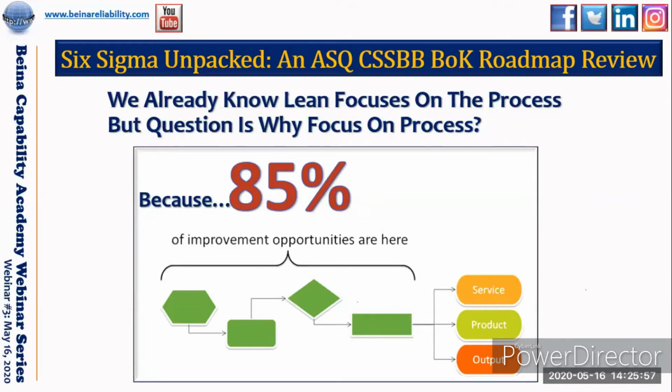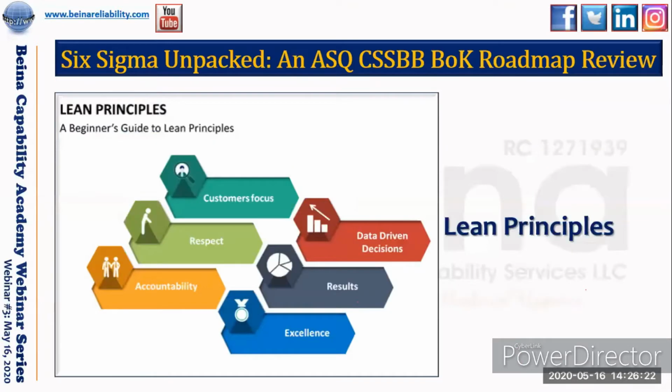You look at the process end to end and remove resources and activities you don't need. Now, you would have seen a lot of companies doing lightweighting and reduction in size. All of those activities are meant to reduce production cost. You reduce your production cost and keep the price constant. What happens to the bottom line? The bottom line improves. So that's why we say 85%, you focus on the process.